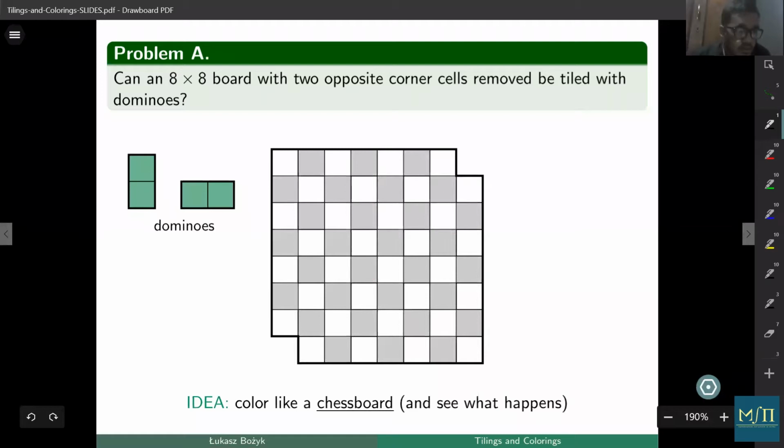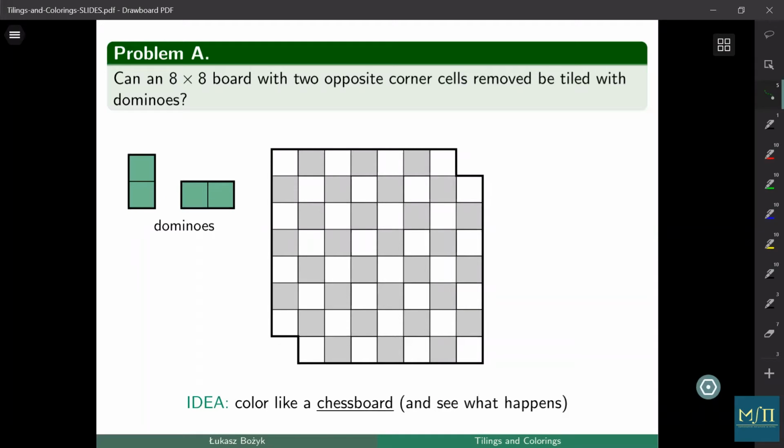So after we color in a chessboard manner, we can observe that each domino placed anywhere, horizontally or vertically, will always contain one white and one shaded square, right?